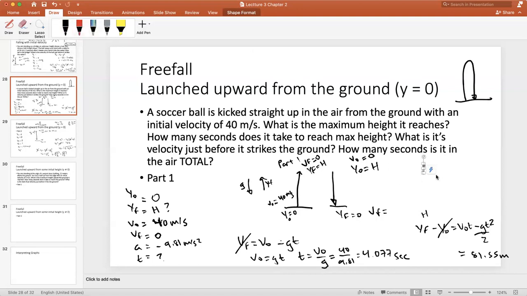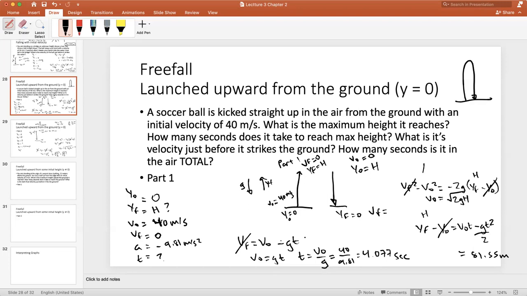So what we have is v final squared minus v initial squared is equal to minus 2g times y final minus y initial. Here this was 0, this is h, this was 0, so what we got was that v initial is the square root of 2gh.